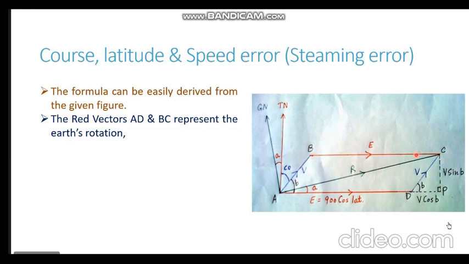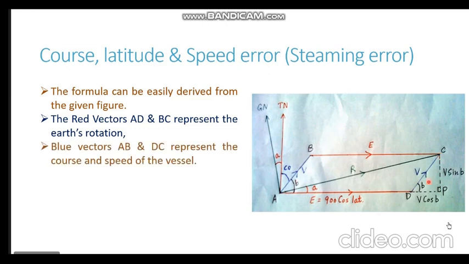This is exactly the same vector as alpha to delta. These are the two parallel, opposite sides of a parallelogram, and whether it is alpha delta or Bravo Charlie, both represent the Earth's rotation, which is given by 900 cos latitude.